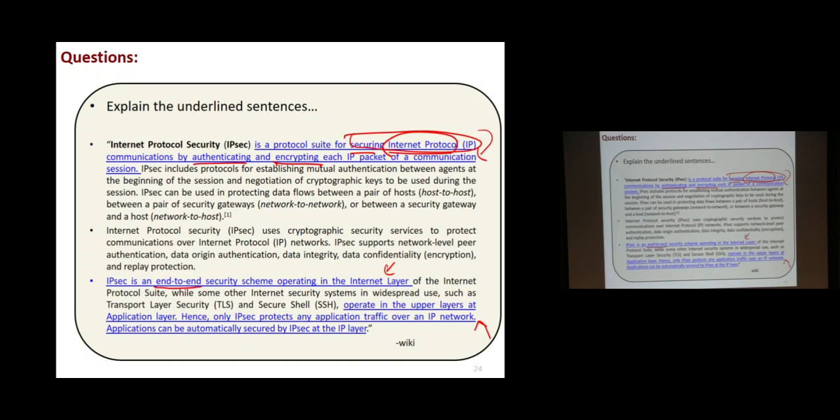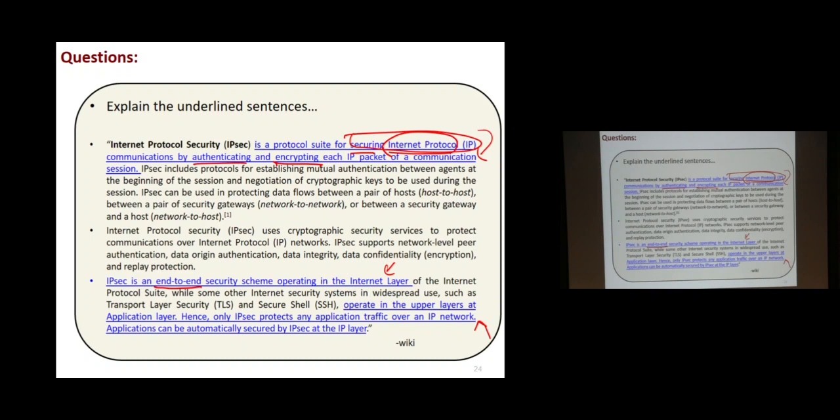It's an end-to-end security in the IP layer. End-to-end, I mentioned this a few times. End-to-end means that when the data leaves this end, it will be encrypted and protected, and all the way when you reach the other end, then you decrypt it and check the integrity.